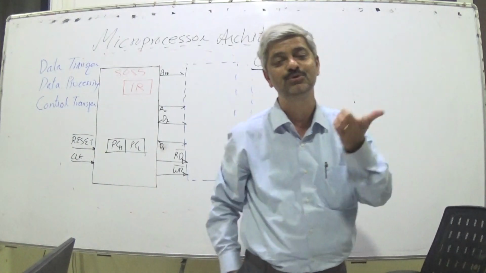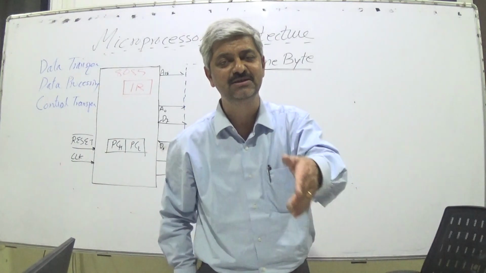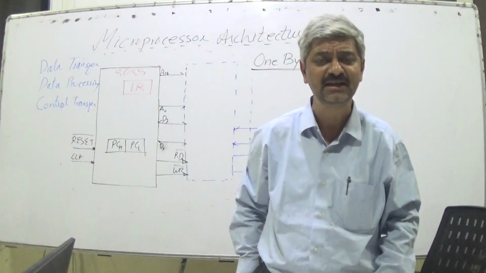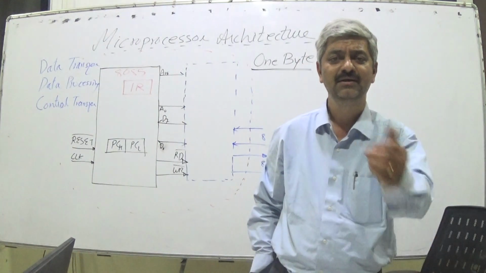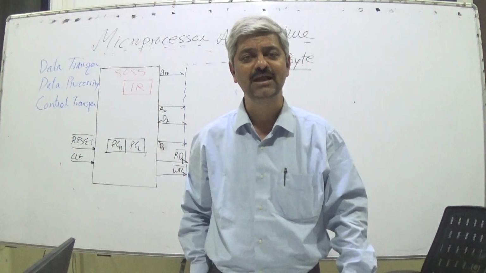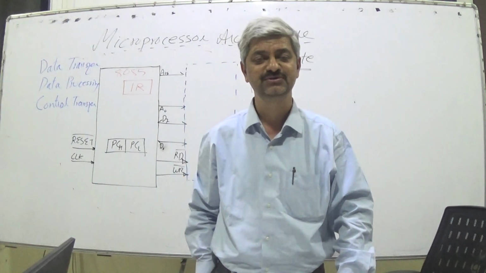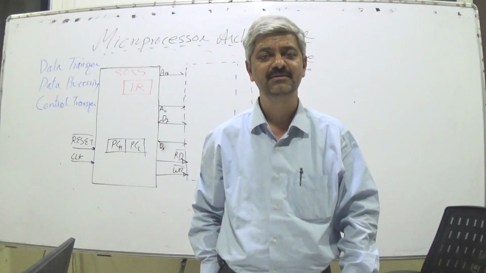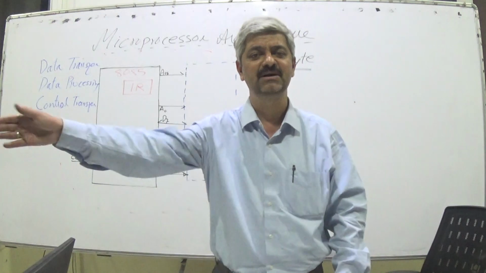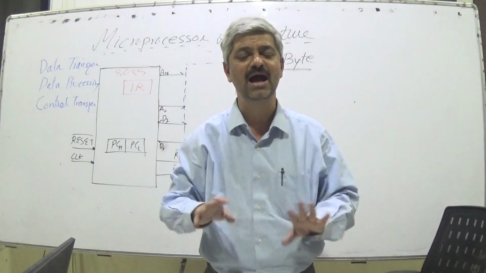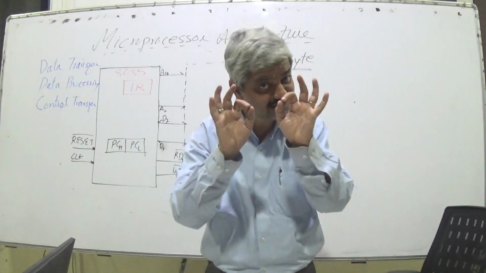Reading location 0 means the microprocessor puts address 0 on the address lines. Suppose I am taking attendance in Google Classroom or Meet or Microsoft Teams, and I call roll number 5, and somebody says yes sir. For me, I called roll number 5, I got yes sir, so I say roll number 5 is present. The same is the logic.